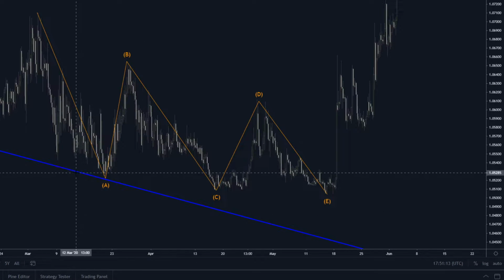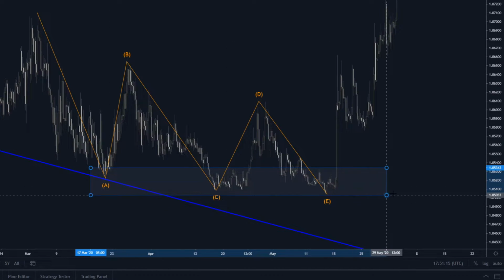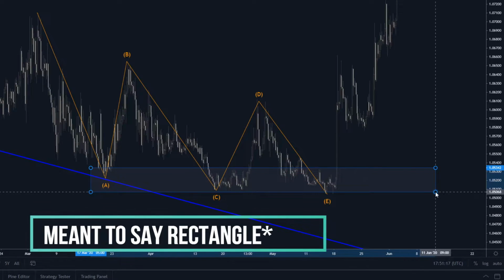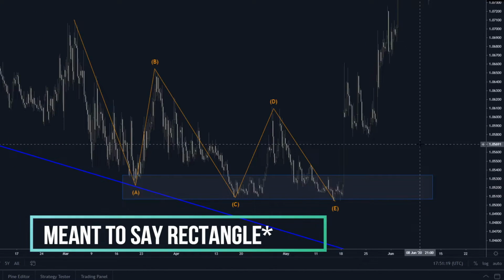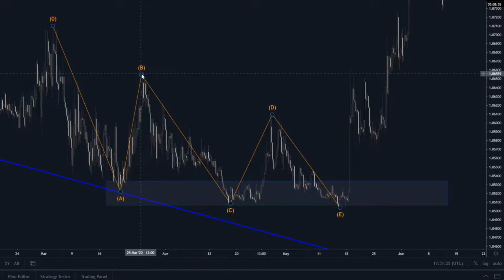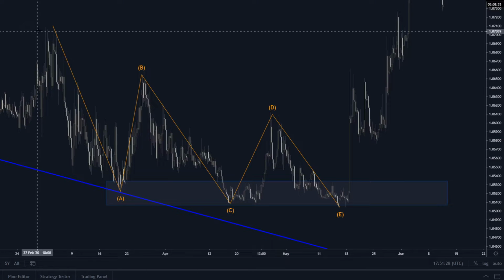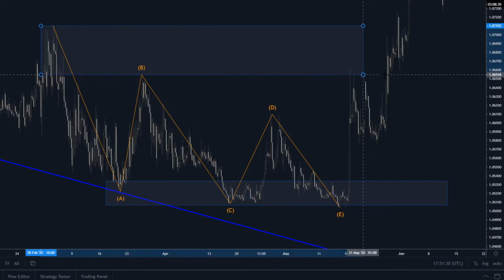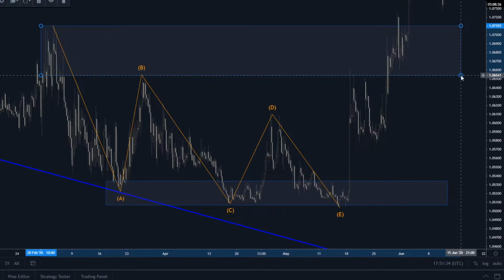And from there, I'm gonna draw some kind of triangle, which is going to be my support zone. And then between the first stop and the second top, I'm going to draw my second rectangle, which is going to be my resistance zone.